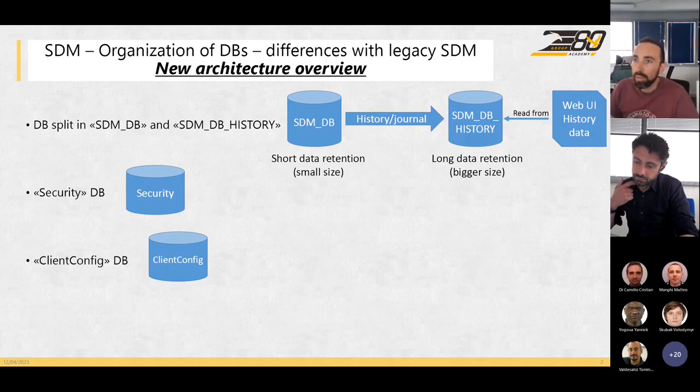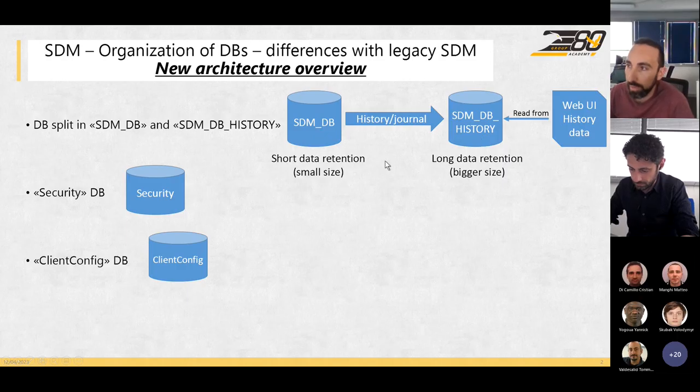So now the main architectural difference of the database is that it has been split into databases that are named as you see here, and all the logics and storage procedures for the functioning of the warehouse are contained in the SDM-DB, while the history and journaling data is copied and retained for a longer time on the SDM-DB history.